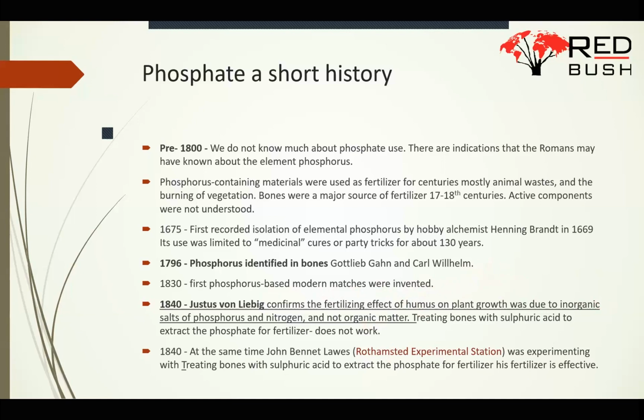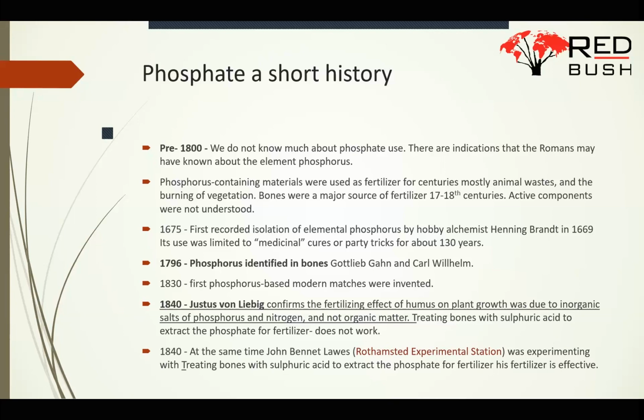1840. Now this is actually a major change pretty much in science generally. A guy named Justus von Liebig, considered the father of organic chemistry, does a whole lot of really interesting experiments. One of which is he confirms that the fertilizing effect of humus on plant growth was due to the inorganic salts of potassium and phosphorus and nitrogen.